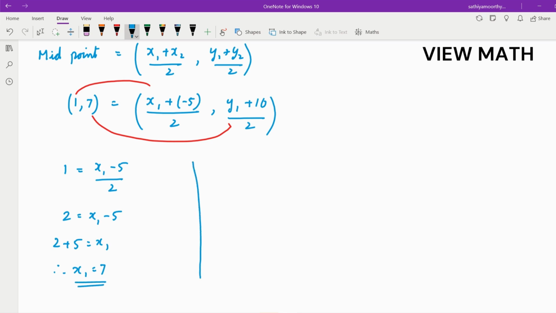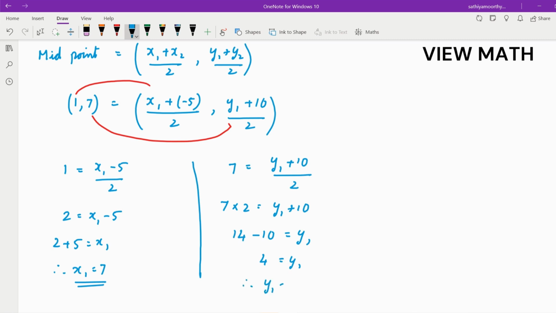Now I'm going to equate the y coordinate. 7 is equal to (y1 plus 10)/2. Bringing 2 to the other side, it becomes 7 into 2 is equal to y1 plus 10. 7 into 2 is 14, and minus 10 I'm bringing to the other side, it becomes 14 minus 10, so this is equal to 4 is y1.